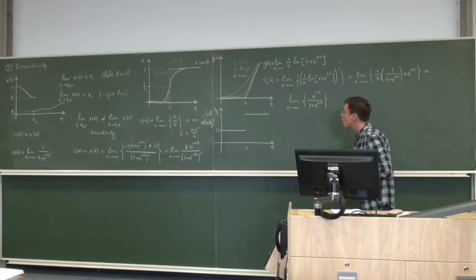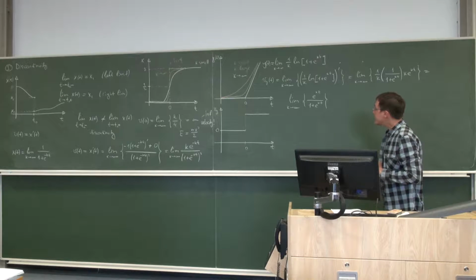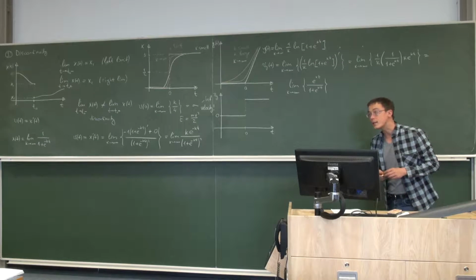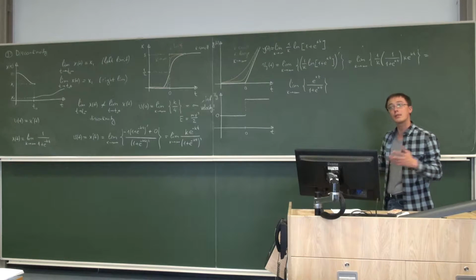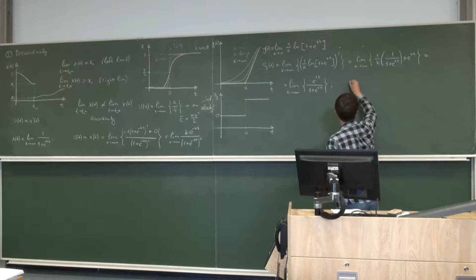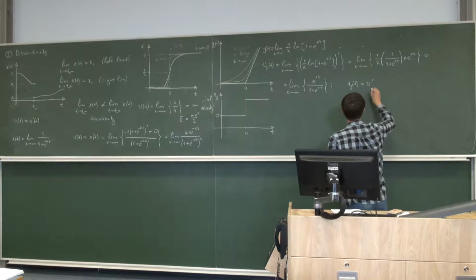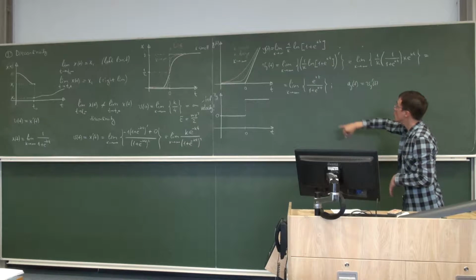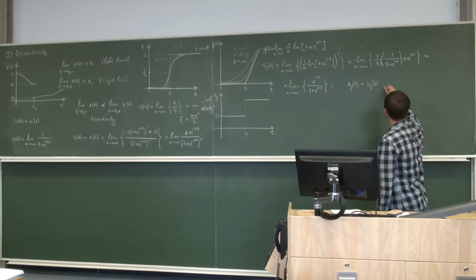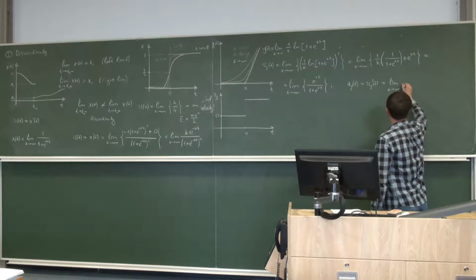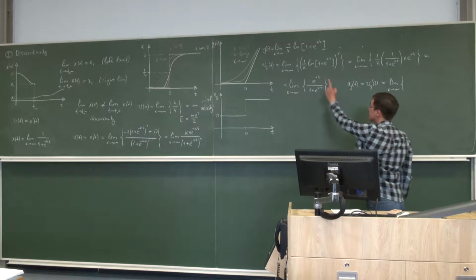Energy considerations are past. Let us, however, look at the acceleration, which, as you know, is the second derivative of the coordinate, or equivalently the first derivative of the velocity. So a in the direction of y of t is, as you know from school, velocity prime of t in the same direction. So we need to take another derivative. So the limit of k going to infinity of that stuff prime.